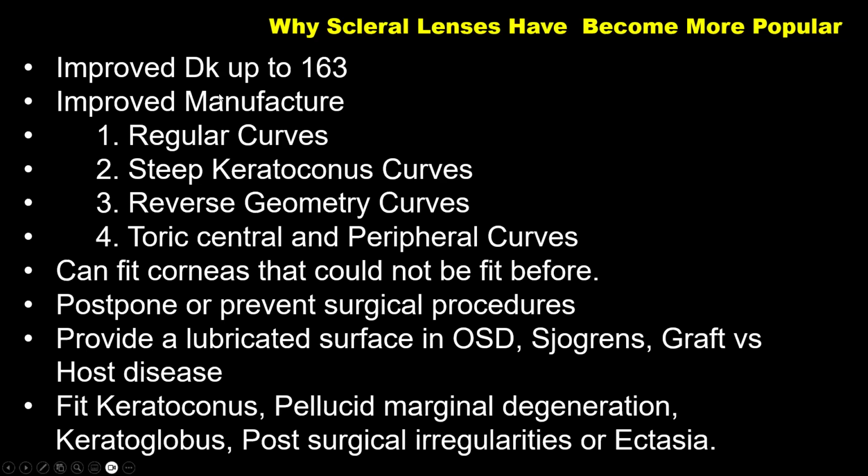So that's why different manufacturers produce it in different DK values, and in qualities that will reflect different shapes of the cornea. So for those that have regular curves, those that have steep keratoconus curves, for those that have reverse geometry, remember the cornea is prolate.